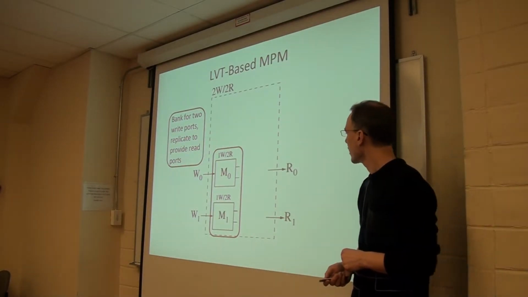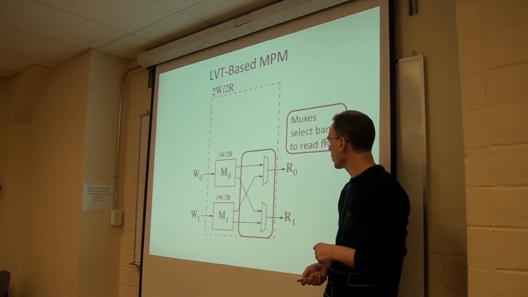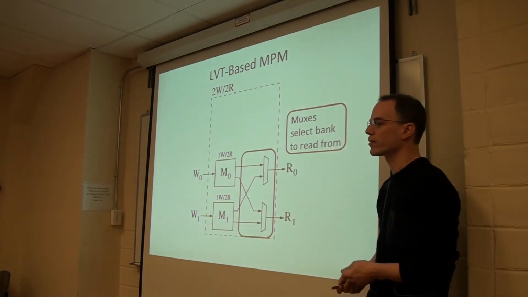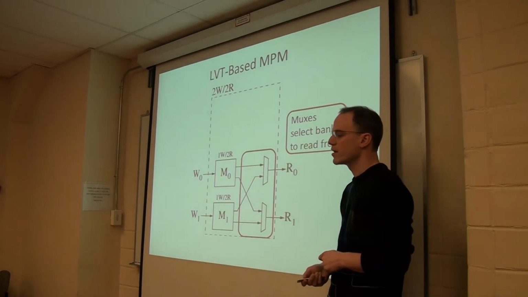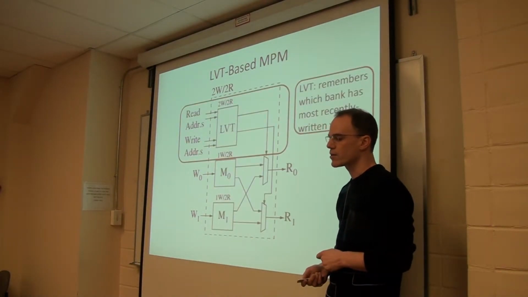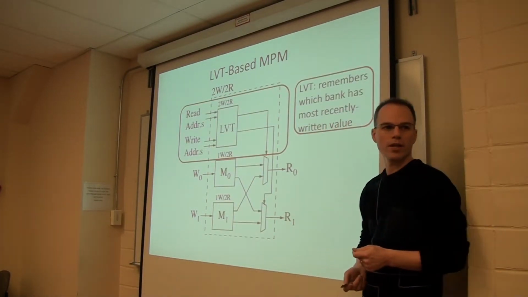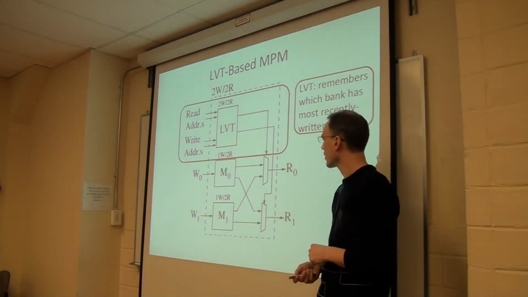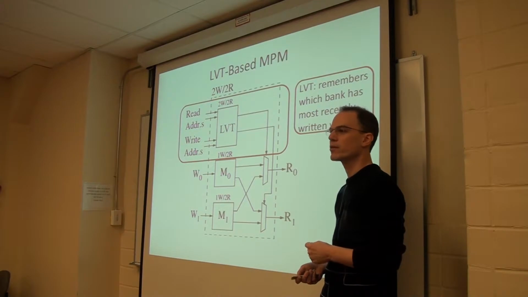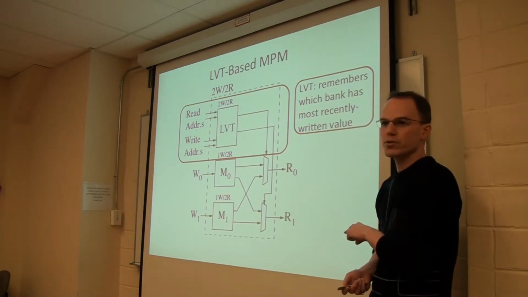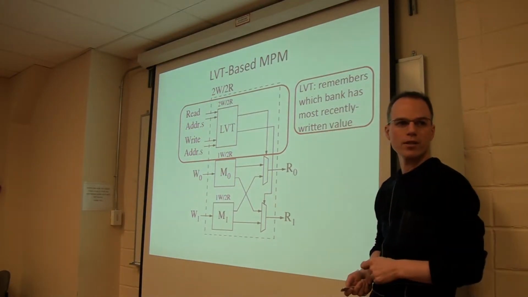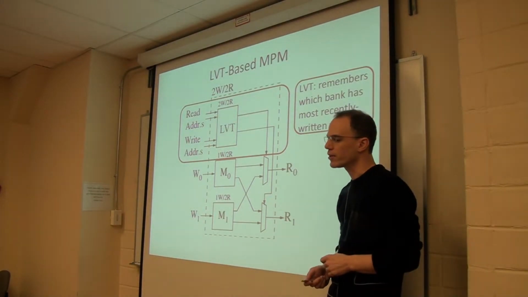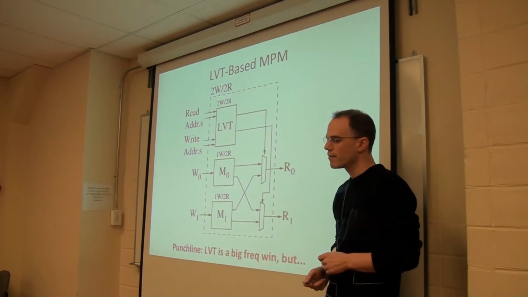And what we'll do is we need multiplexing to steer the read ports so they can read from either of those banks. And the trick is a skinny table called the live value table, which remembers which of the block RAMs was most recently written for a given location, and will steer each read port to the correct write bank. So that's the basic idea of the live value table design.